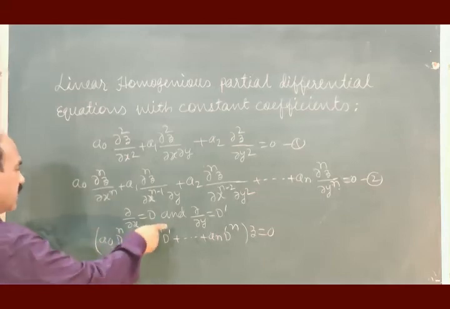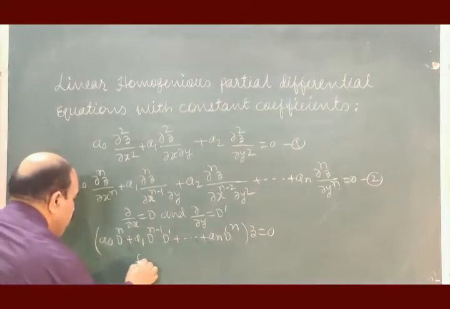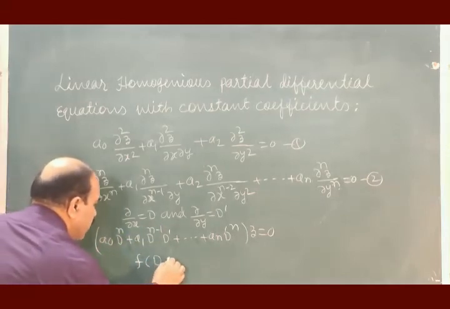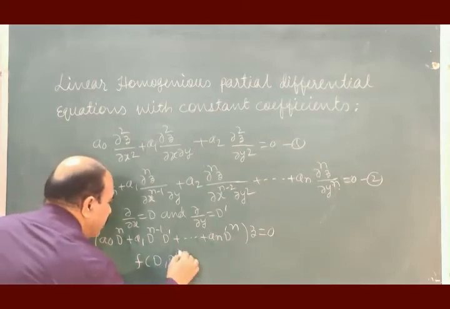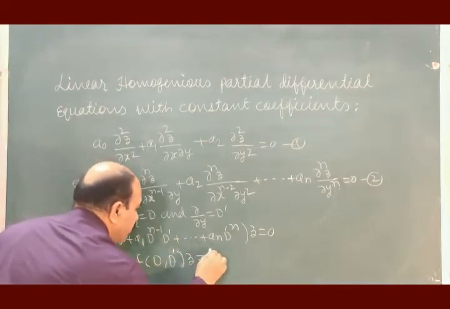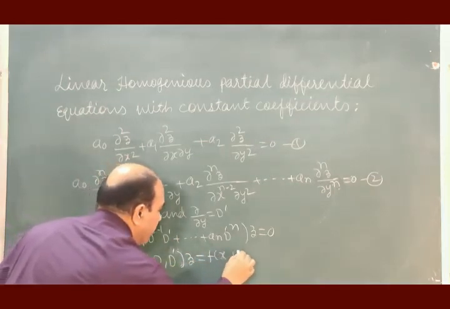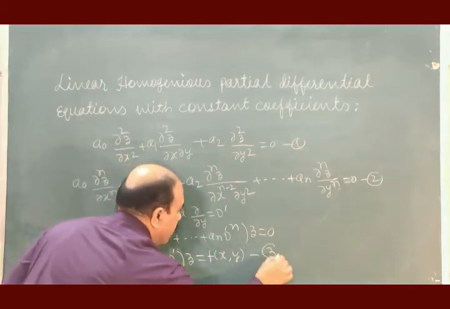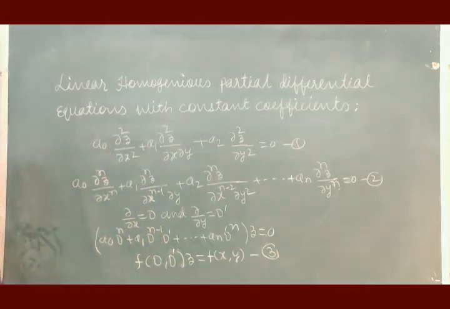Or in general, this may be written as f(D, D') z = f(x, y), equation number 3.